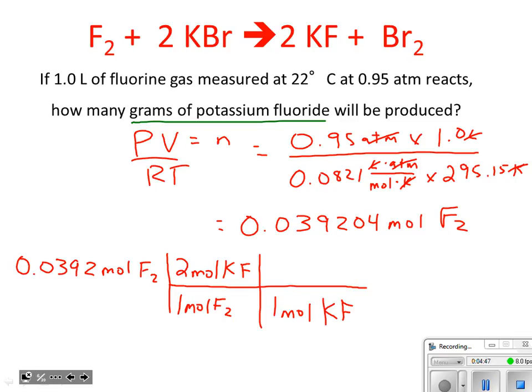I have to find my molar mass of potassium fluoride.